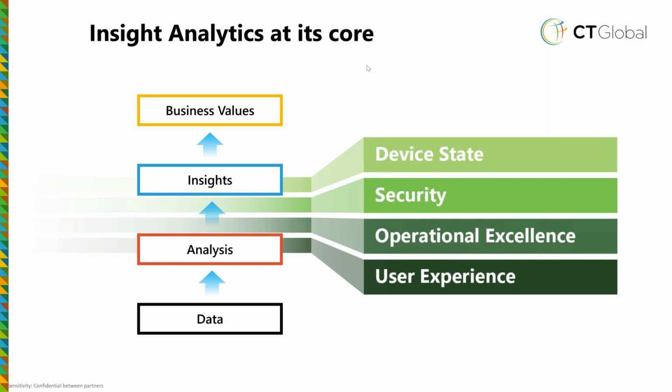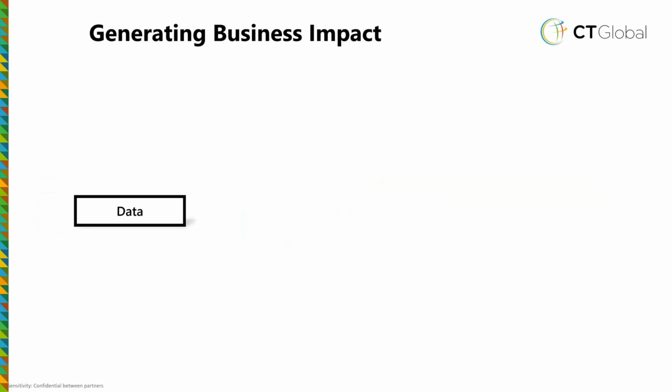So what Insight Analytics is all about, it will actually take the data that you have in your environment. We will take the data that you have on your on-premise devices. We will take the data that you have on your cloud-connected devices. We will add our CTGlobal IP, meaning that we will also create some additional data that you will need.